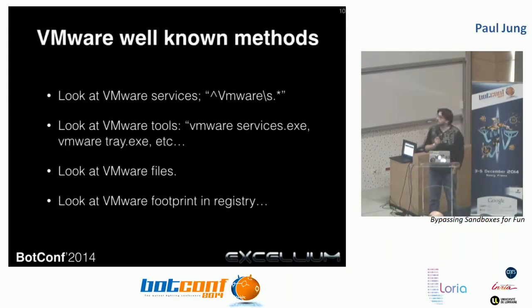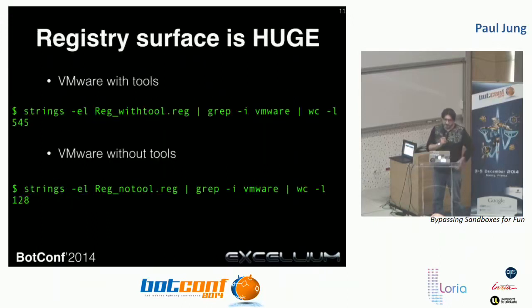So first, VMware. It's really old in virtualization. It's well-running. And VMware leaves a lot of traces in the registry, and in processes you have some services. If you install the tools, you have services, you have executables running in memory, and you have a huge footprint in the registry also.